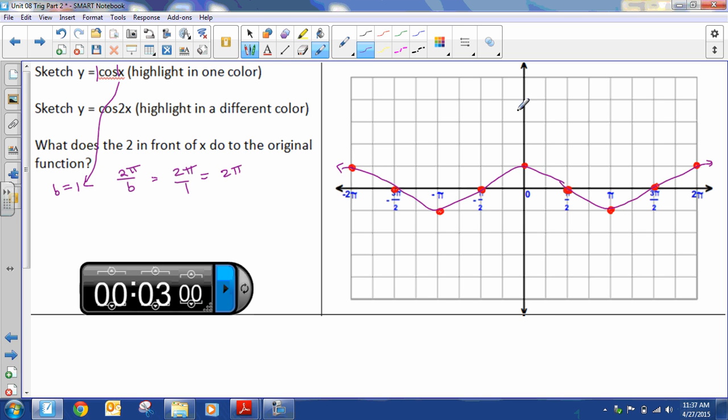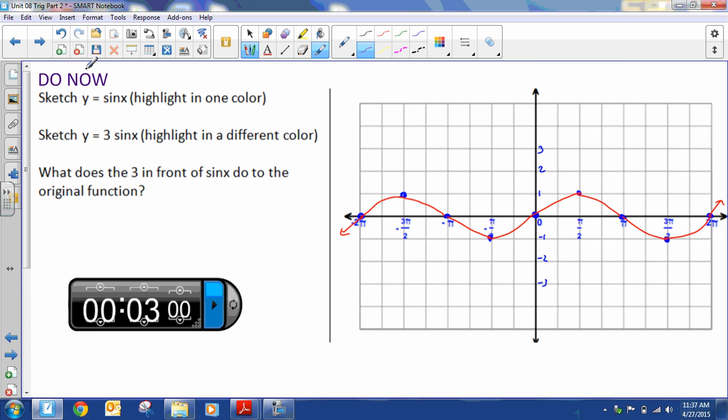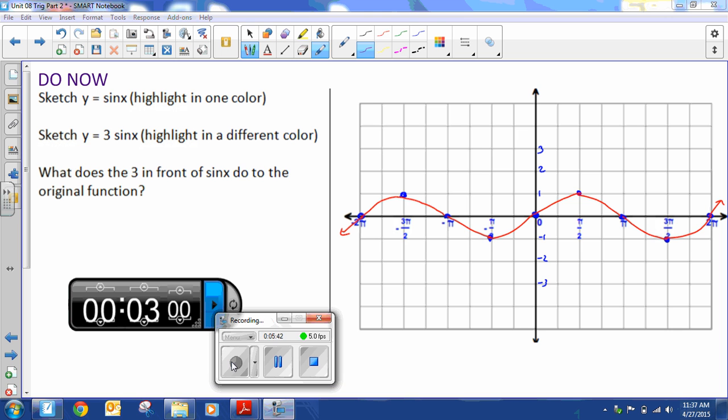That's why we have a complete cycle here. The roller coaster starts here, goes down, and we're done. Start again, down, and we're done. Same thing with the sine. Here we start at 0, we're up, we're down, we're up, and then we're done. Where we ended up. That's a complete cycle. That's called period.